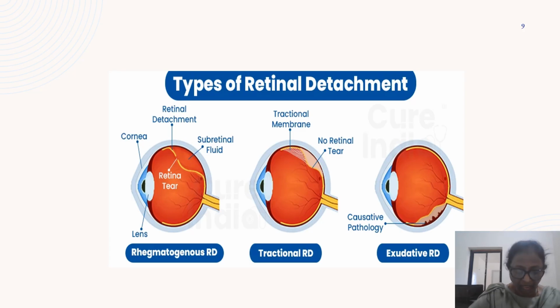Tractional detachment occurs when proliferating membranes contract and elevate the retina. Exudative, serous or secondary retinal detachment results from fluid accumulation beneath the sensory retina caused by retinal or choroidal diseases.